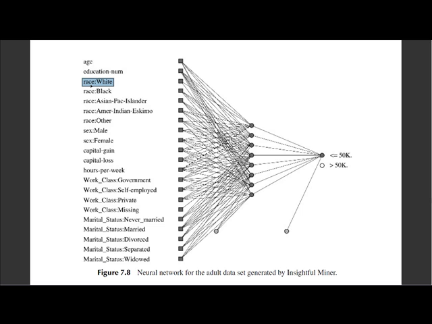So we have race. White is one variable, and it's going to be a 0, 1 variable. In other words, if it's 0, it means not white. If it's 1, it means white. And here we also have race black, which is also a 0, 1 variable. So if it's 0, it's not black, and if it's 1, it is black, and so on.